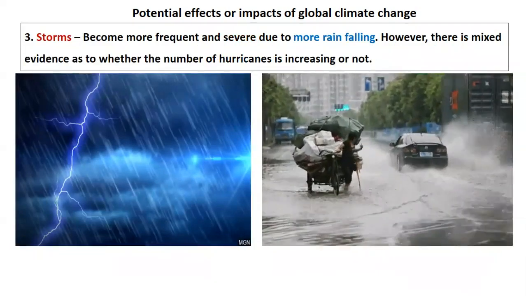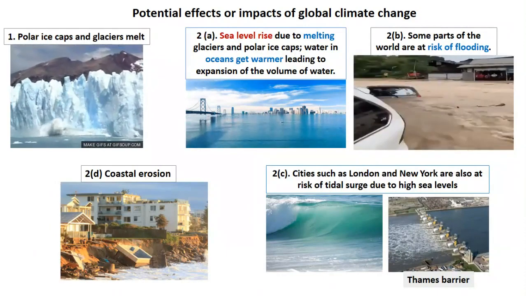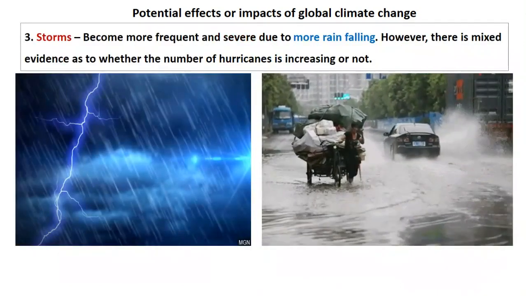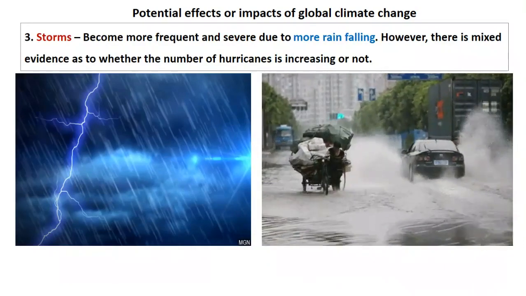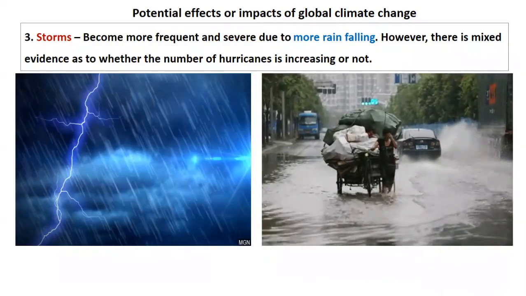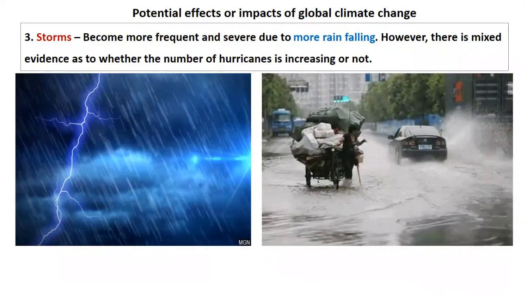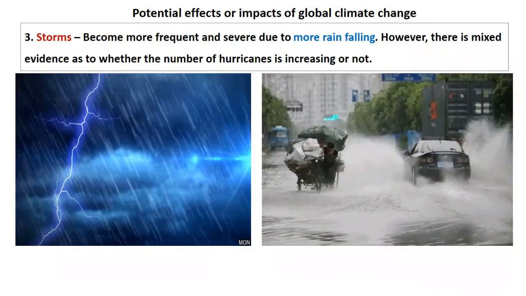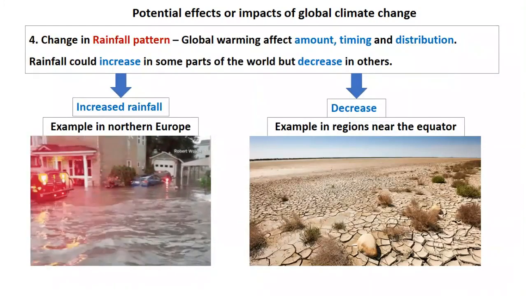The third effect, so if you look at the first one, rising sea levels, the third effect can be storms. Storms will become very frequent and severe due to more rain falling. However, there's mixed evidence as to whether the number of hurricanes is increasing or not. This is where scientists don't agree. Again, there can be changes in rainfall pattern.